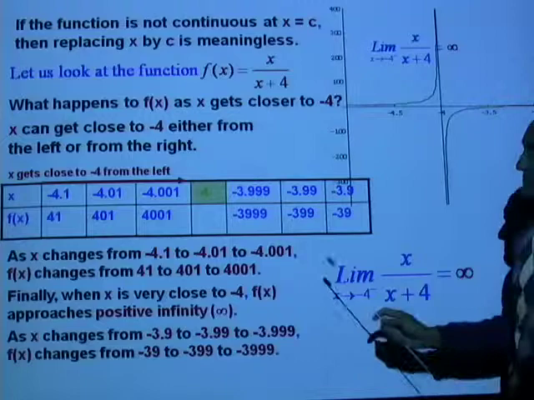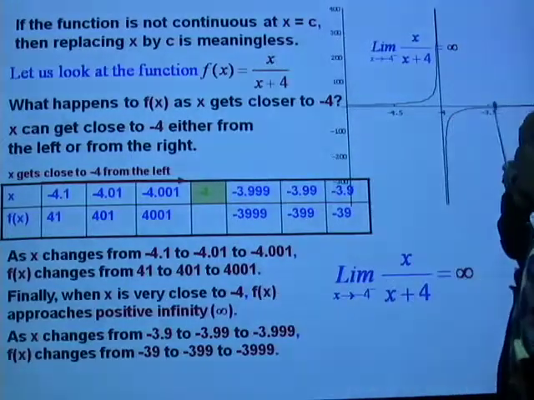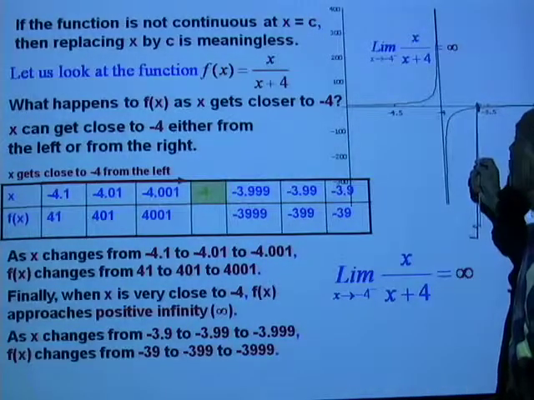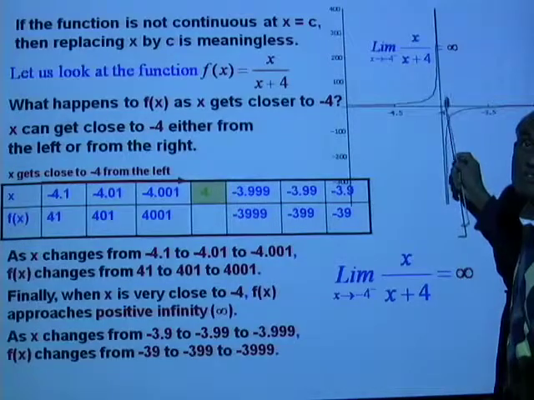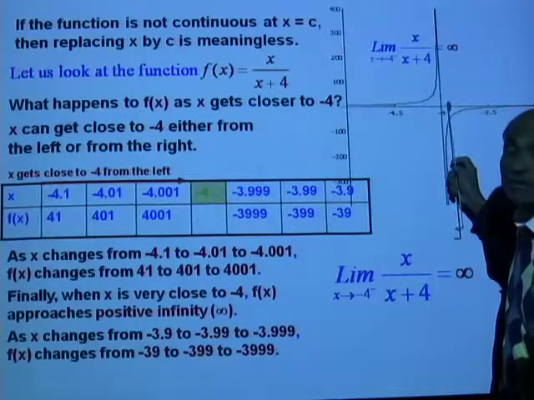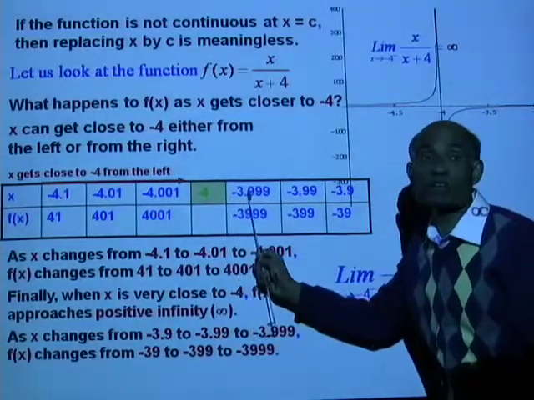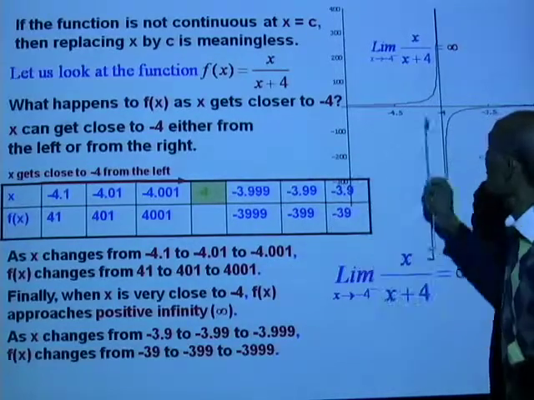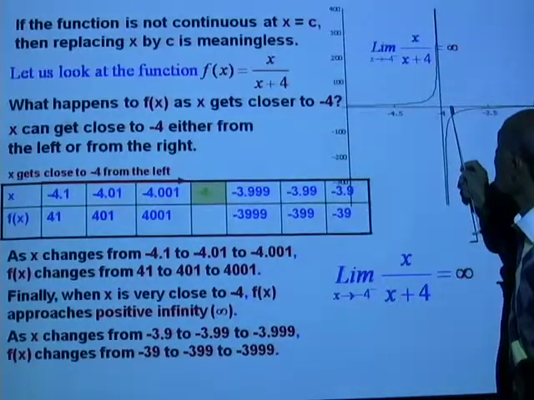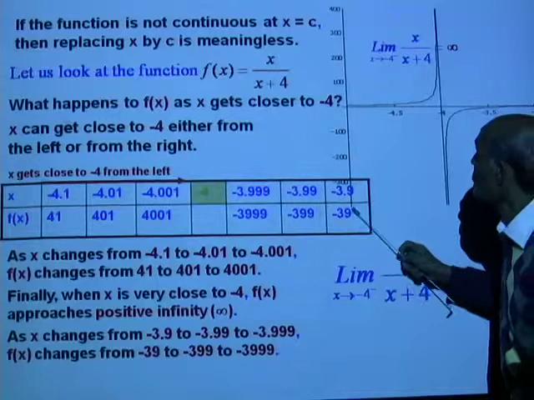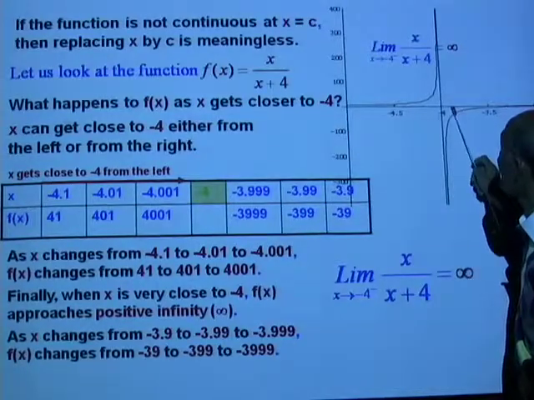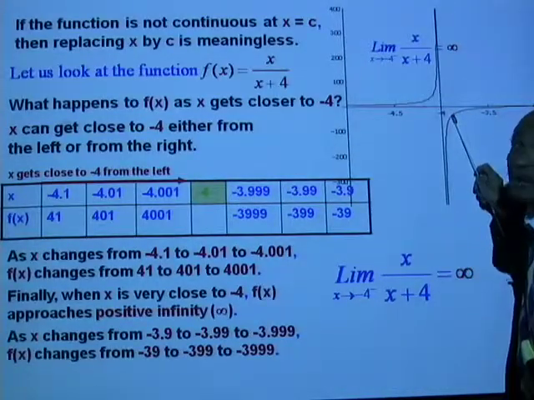Alright. Now let's go to the other side. What happens when x gets closer and closer to negative 4 from the right? Let's start with negative 3.9 here. When x equal to negative 3.9, the output is negative 39. Here, that's negative 39.